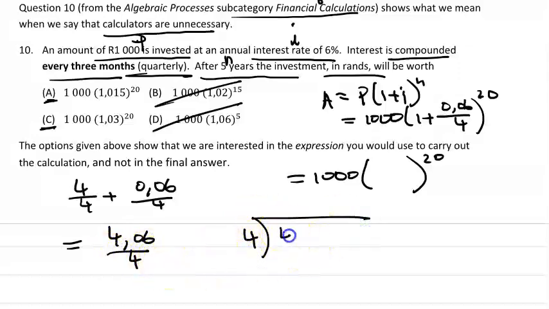So we're dividing 4.06 by 4: 4 into 4 is one time, comma, 4 into 0 is 0, and then 4 into 6 is 1, the remainder is 2, add a 0, 4 into 20 is 5. So 1.015, so our answer is A, right? 1.015.